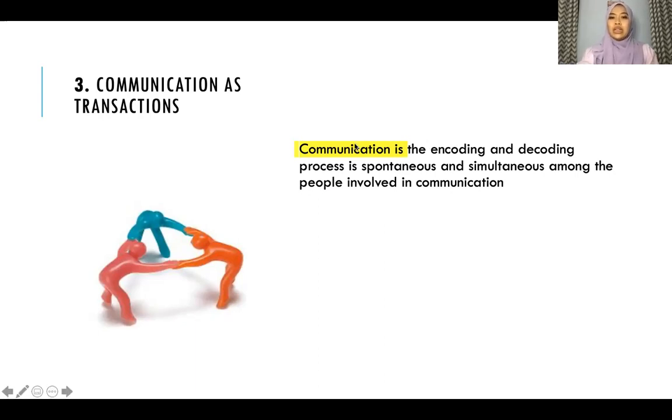So communication is an encoding and decoding process that happens spontaneously and simultaneously among the people involved.